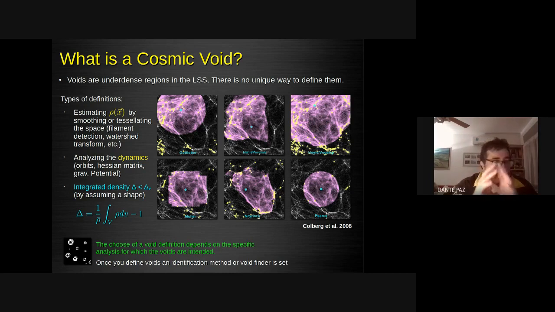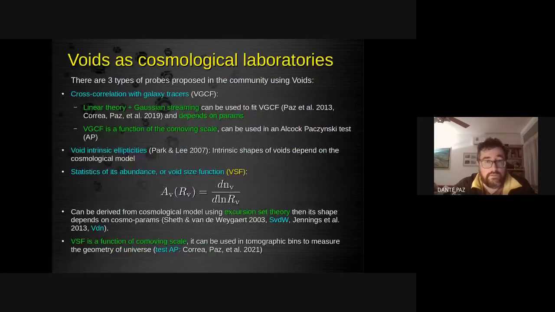And this value is usually selected to be below a given threshold to get a void region. So at the end, the choice of your void definition depends on the specific analysis for which voids are intended.